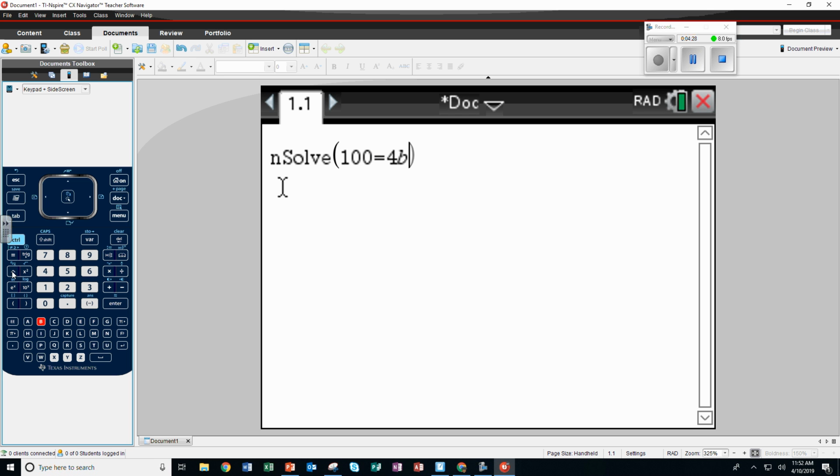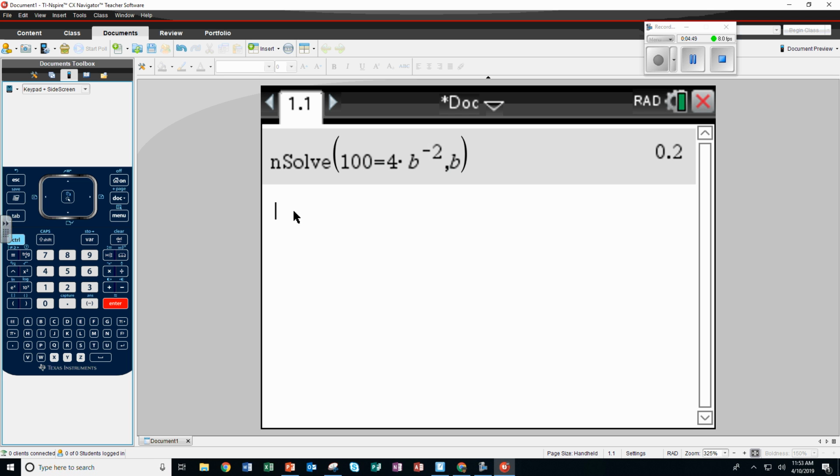And that was to the power of -2. And if we ask the calculator to solve this for b, we would have come out with 2/10, which is the same as 1/5.